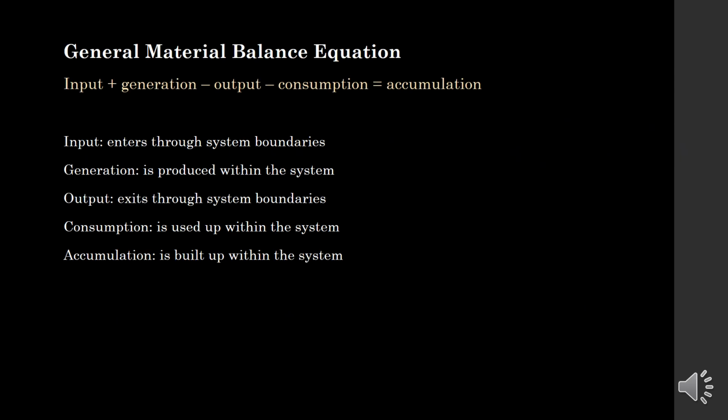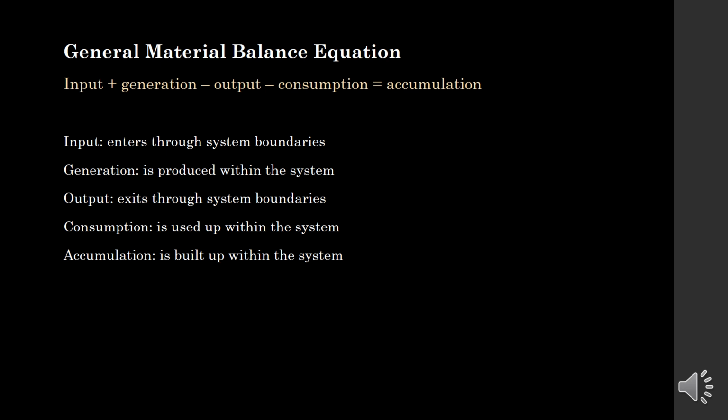Then it is about the material balance equation, because without material balance we will not be able to solve all those problems. So here we have given the general material balance equation. Input plus generation minus output minus consumption will be equal to the amount of product which is accumulated inside the reactor.